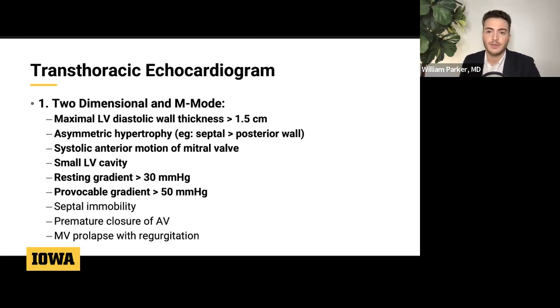So again, that anterior leaflet of the mitral valve getting sucked into the left ventricular outflow tract, slamming up against the interventricular septum, creating that obstruction. A small LV cavity. A resting gradient greater than 30 across the LVOT, or a provocable gradient greater than 50. Our patient had both, right? Her resting gradient was 44, and her provocable gradient was an almost unrealistically high number of like 170.